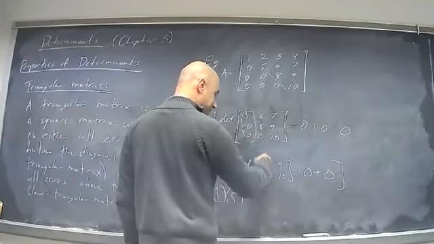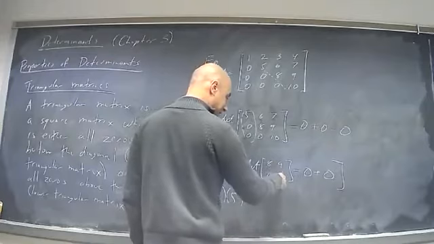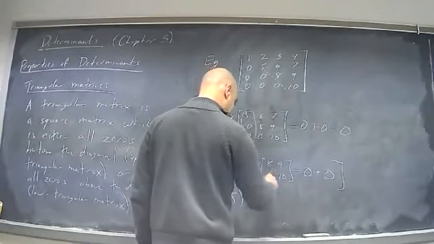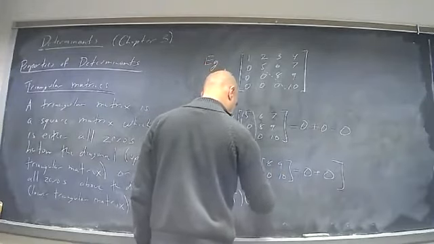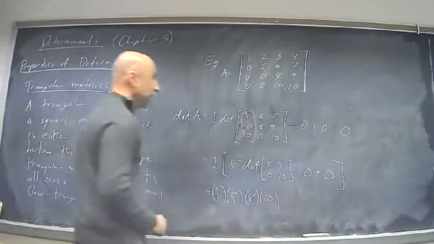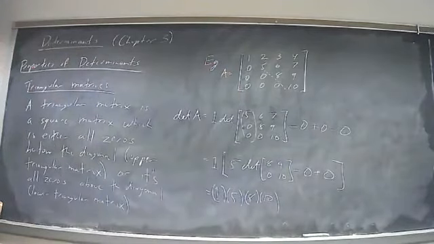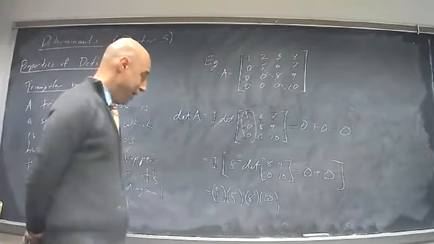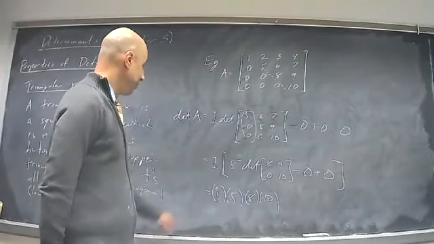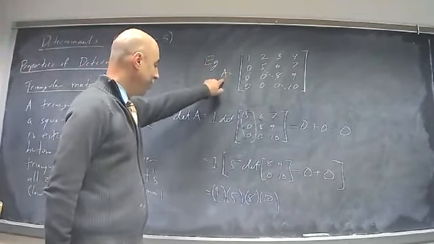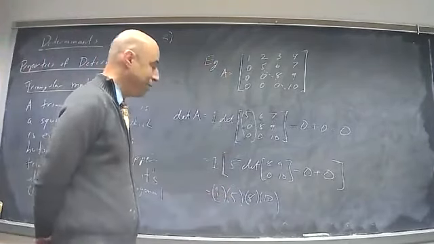Now let's take the determinant of this 2 by 2. 8 times 10 minus 9 times 0. What do you notice about the determinant of this original matrix A, which is 1 times 5 times 8 times 10?